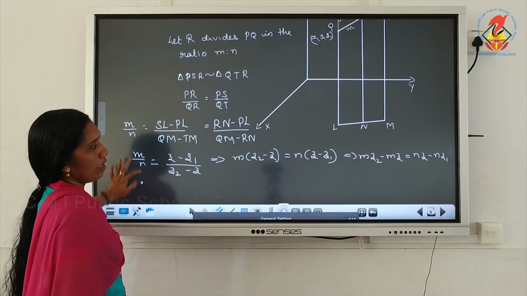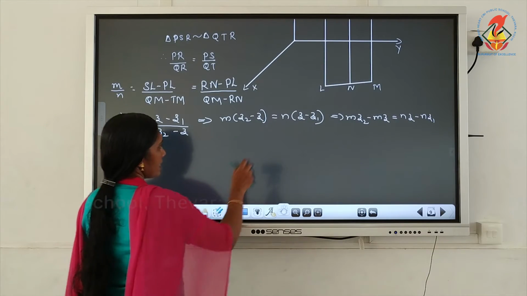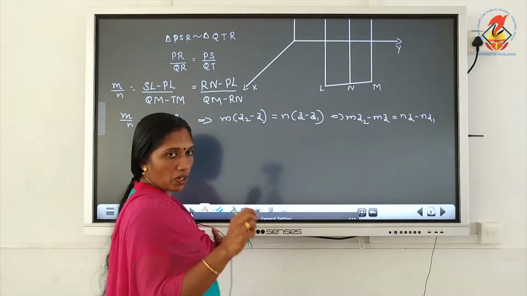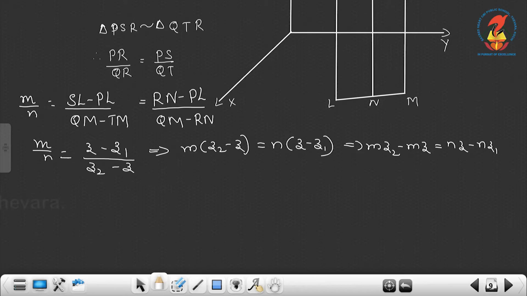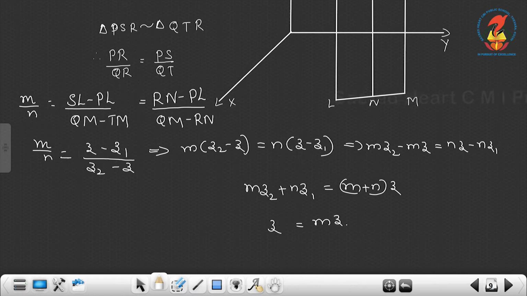What is z? z is the z coordinate of R, and that only we have to find. So take nz1 to the left side and mz to the right side, so (m plus n) of z. So the z coordinate is equal to (mz2 plus nz1) by (m plus n). This is the z coordinate of R.